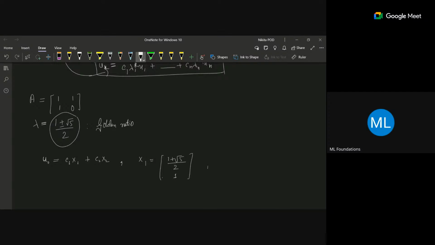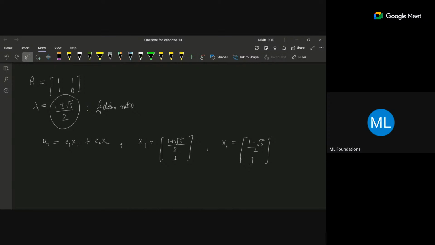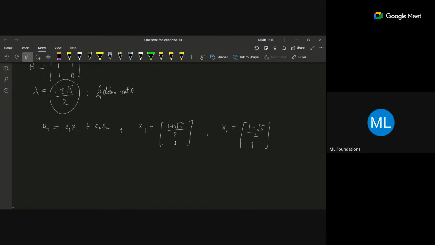And what is the other one that you get? With minus sign in between: 1 minus root 5 by 2 and 1. Okay. So the final answer that we are interested in is this.